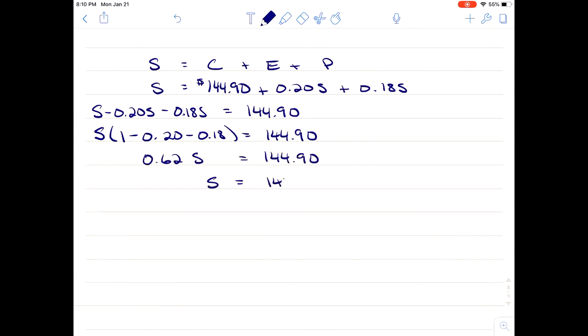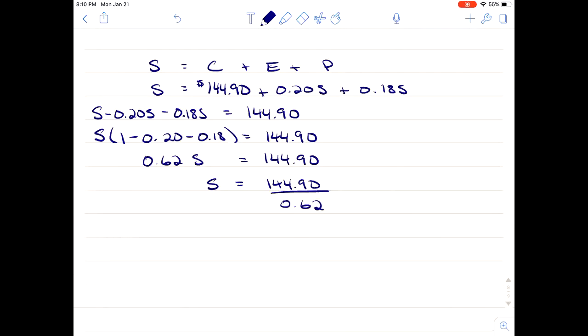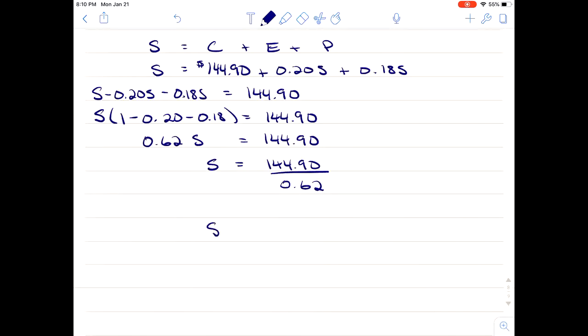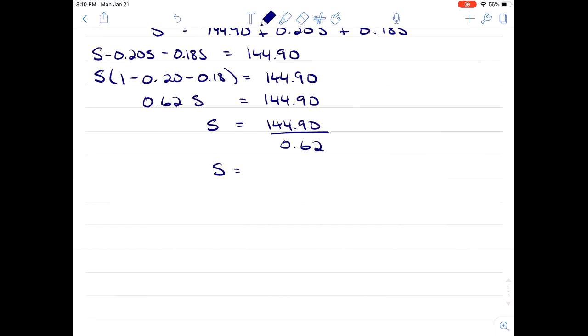So S is 144.90 divided by 0.62. So S must be 233.7096774. So S, the selling price, must be $233.71.